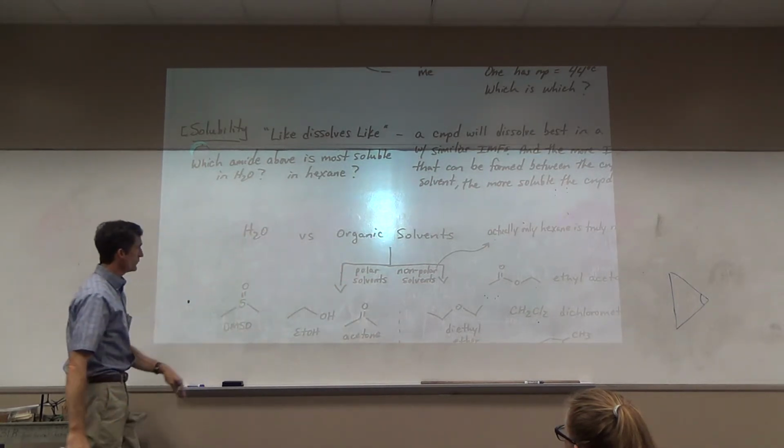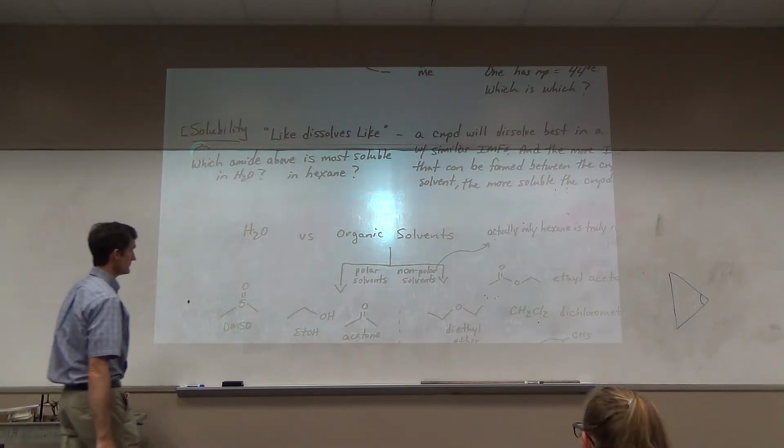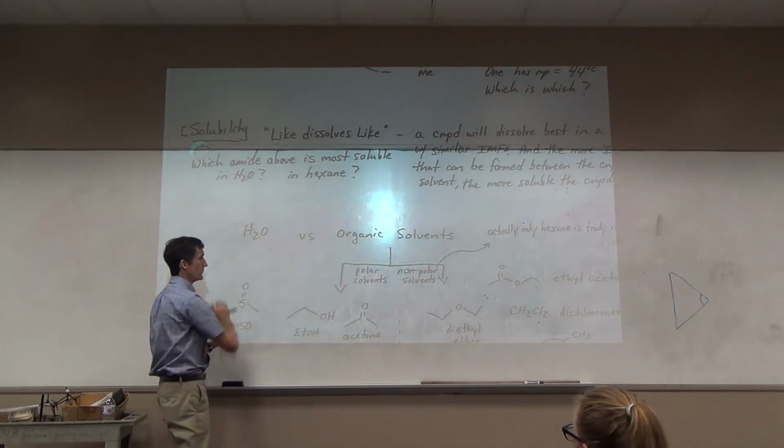In Gen Chem, they tell you water is a universal solvent. Is that right? Well, they lied to you. Water is a terrible solvent. It's good for salts, ionics, because ionics are very polar and water is very polar. But there are many more compounds than salts in organics. There are way more organic compounds than inorganics. In general, an organic compound is going to dissolve in an organic solvent, not water.